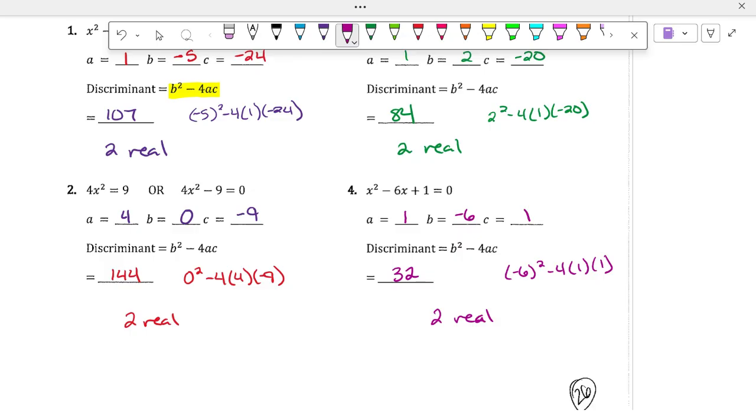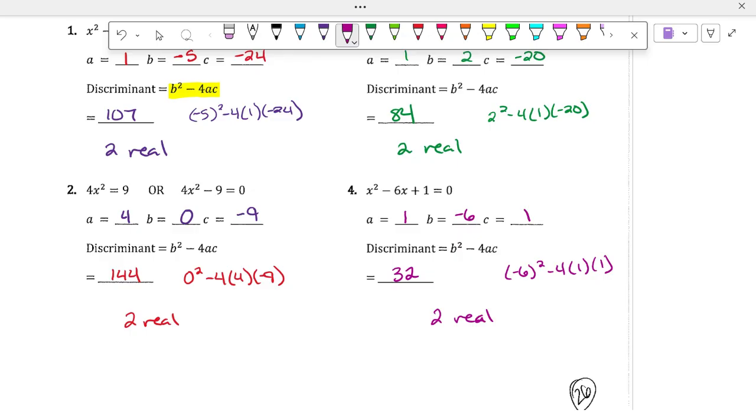So this would be, oh wait, why did I put that next? So this would be b squared over what? 4.